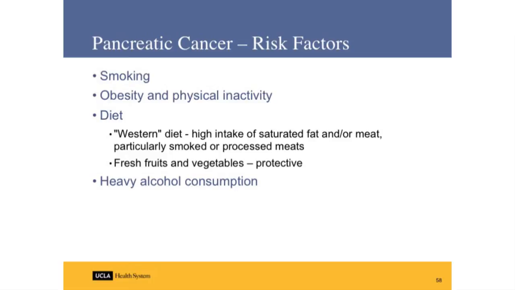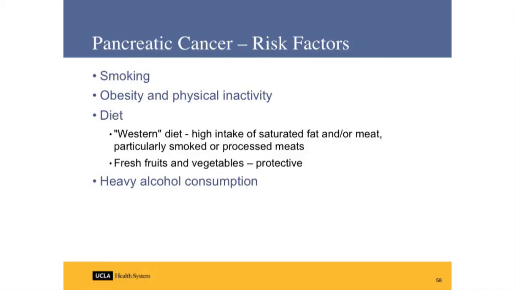Lifestyle factors, again, smoking is implicated. Obesity and lack of physical activity are also implicated. A westernized diet with high intake of saturated fat and or meat, particularly smoked or processed meat, predisposes to pancreatic cancer.